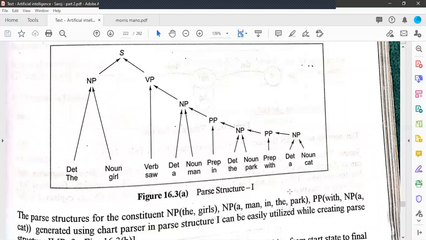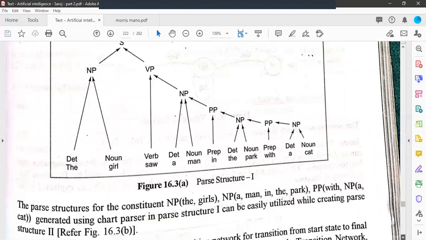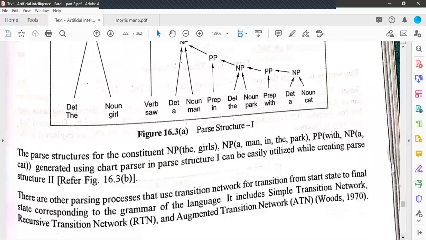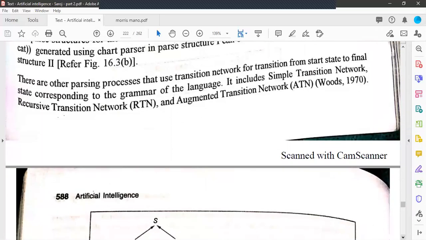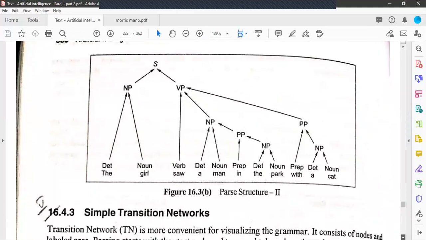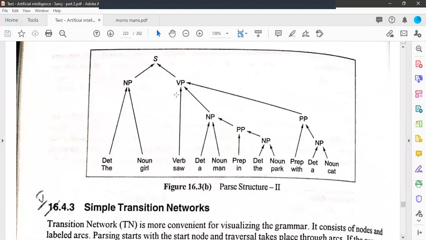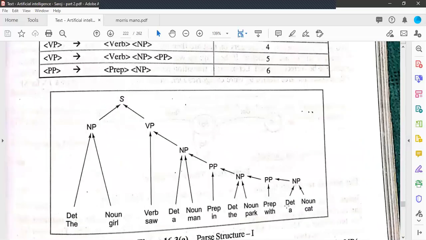If you observe this parse tree, you understand that you are generating another parse structure as well, which is giving a different meaning. What is the meaning here? The meaning is a cat is a noun phrase to this preposition with, a man in the park with a cat.